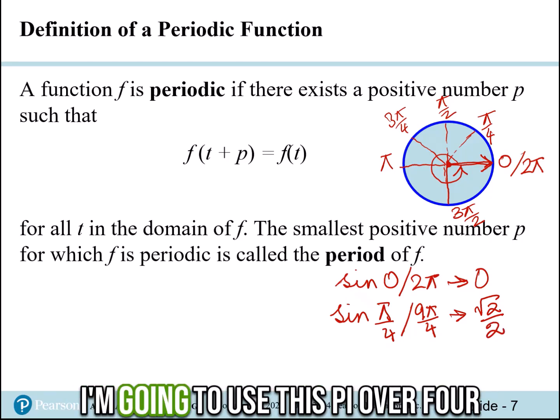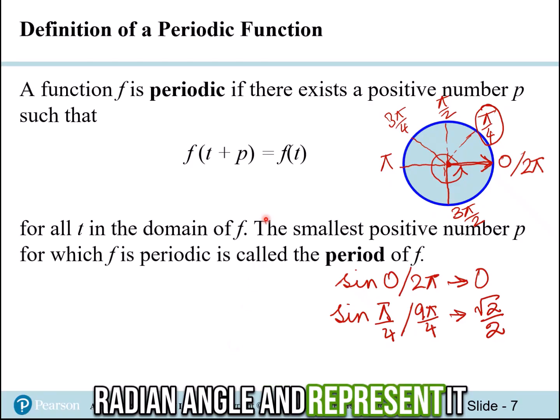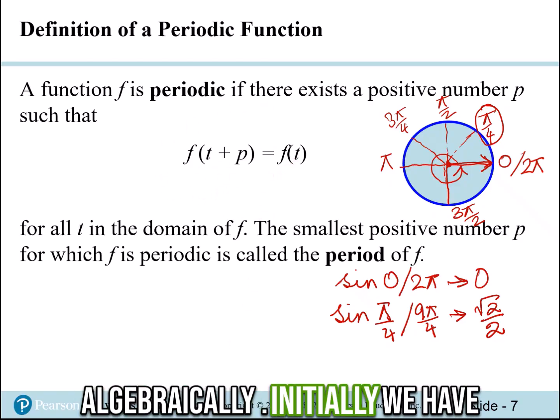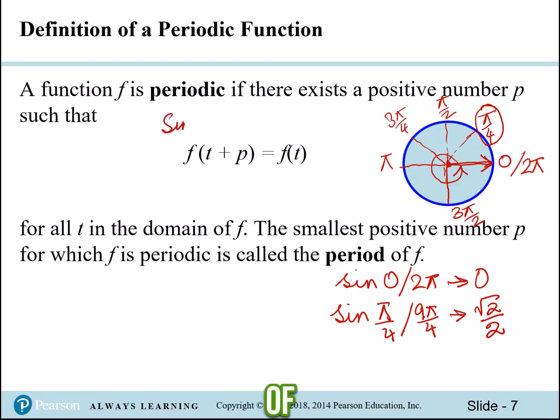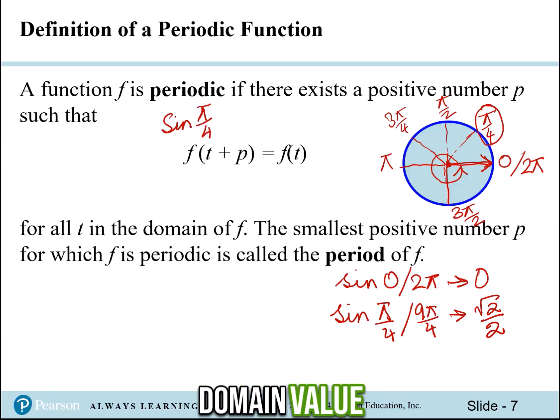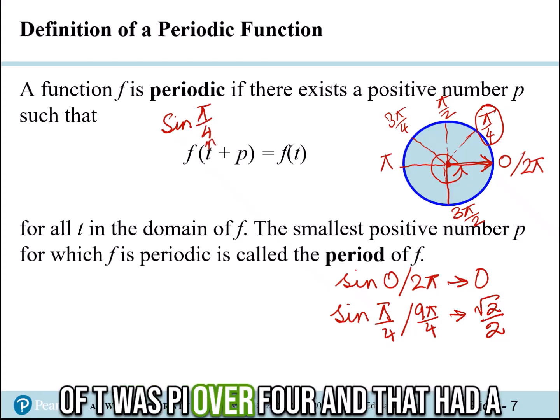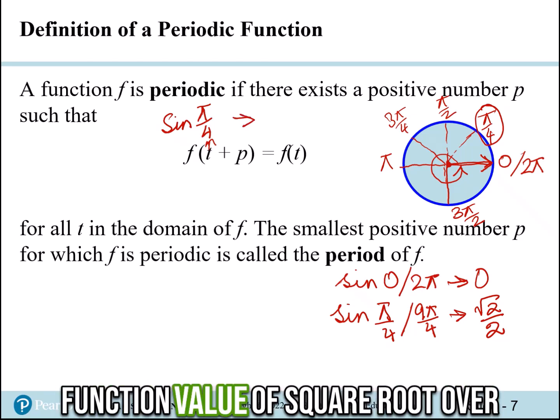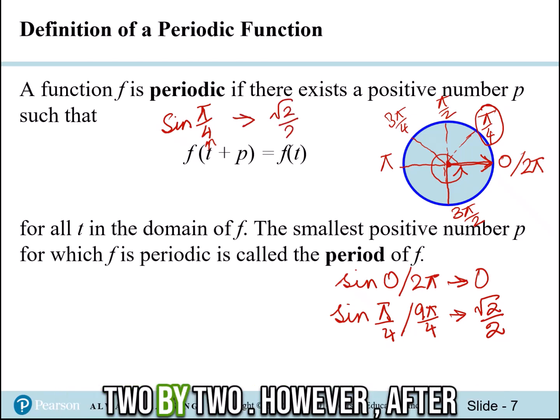So I'm going to use this pi over 4 radian angle and represent it algebraically. Initially, we have sine of pi over 4. The initial domain value of t was pi over 4, and that had a function value of square root of 2 by 2.